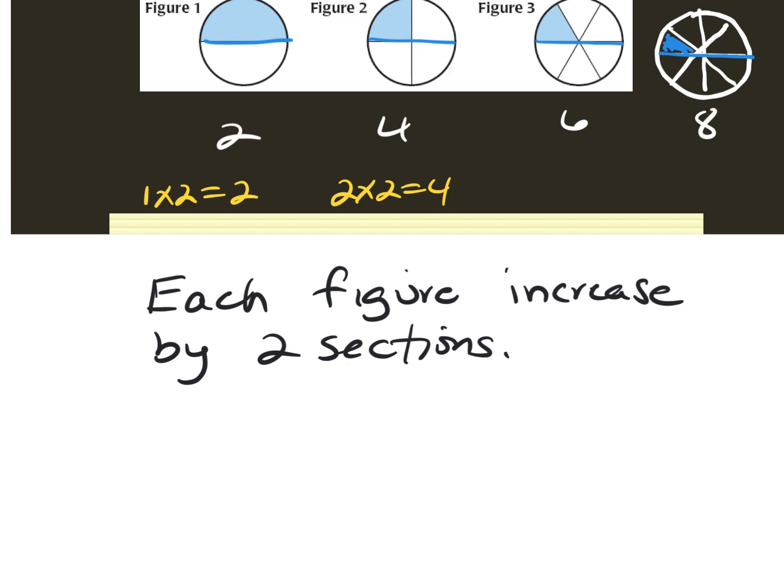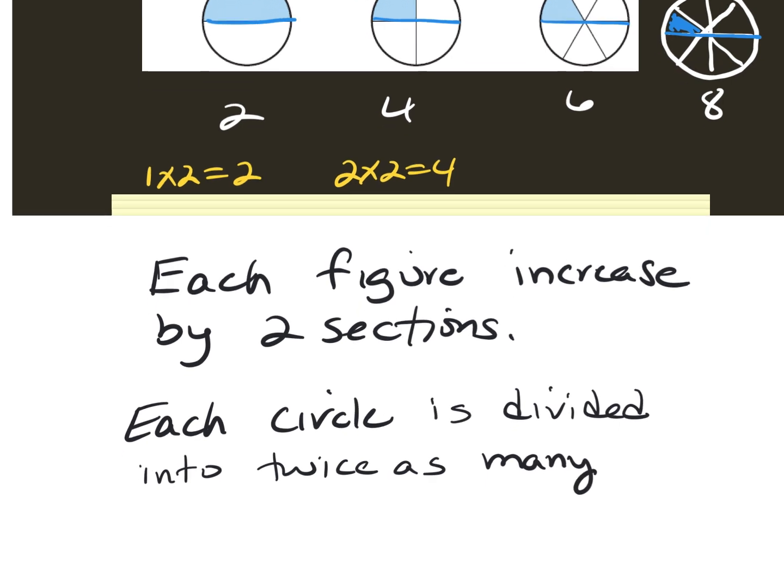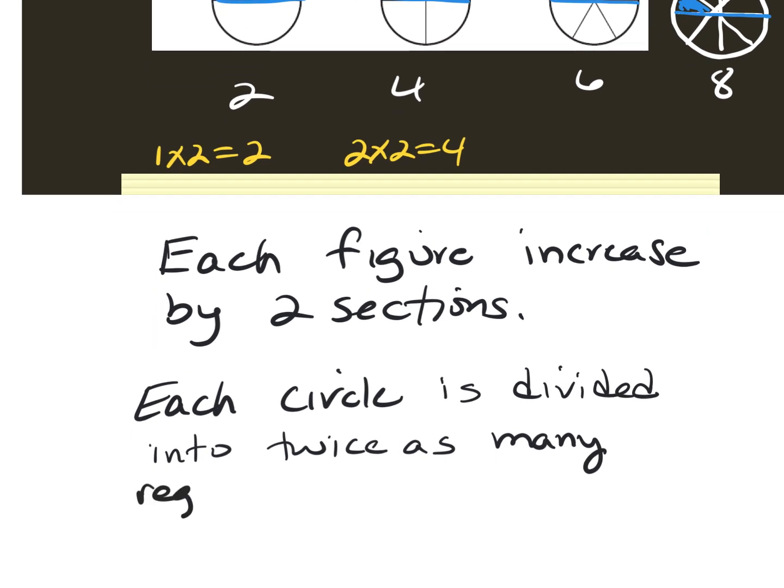Again, you could have stated, like I said, each figure or each circle. You don't have to use figure. So each circle is divided into twice as many regions as the figure number.